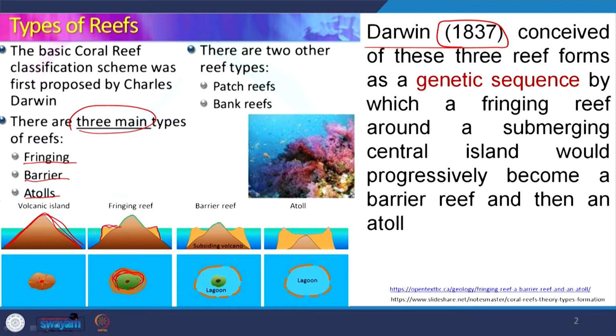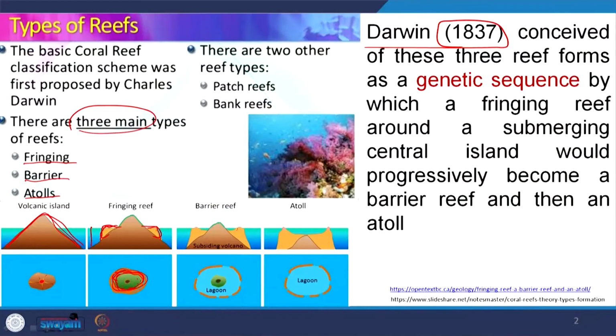So it is not extending much deeper; it is restricted here, and around the volcanic island at shallow water level the coral tries to grow. Once they start growing, they gradually increase their height.